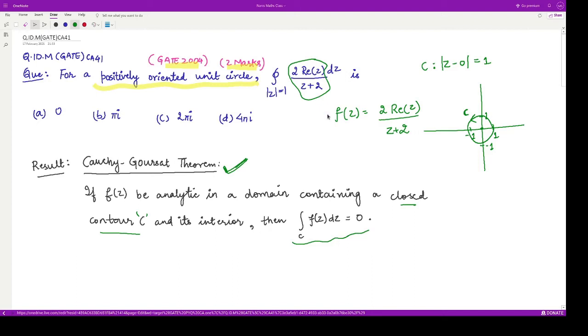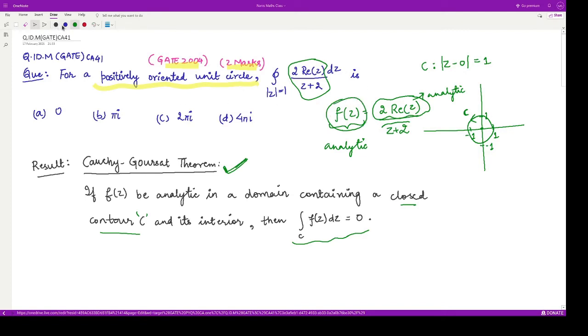So now we have to check whether this function f(z) is analytic inside this particular curve C. In order to check the analyticity, we first see whether this whole function f(z) becomes infinite at any point or not.